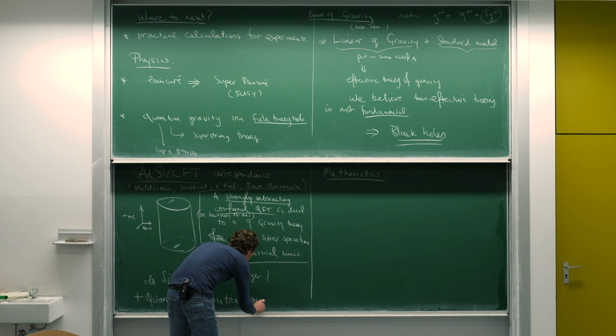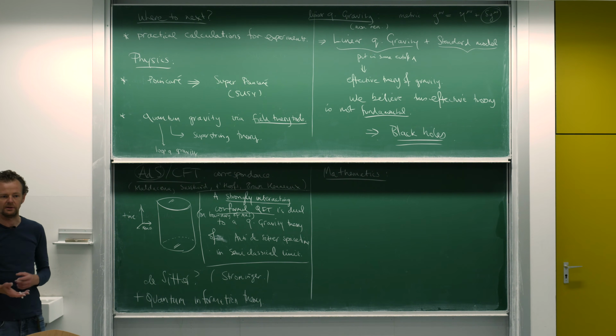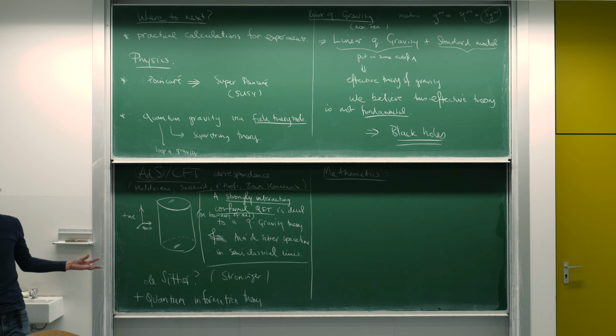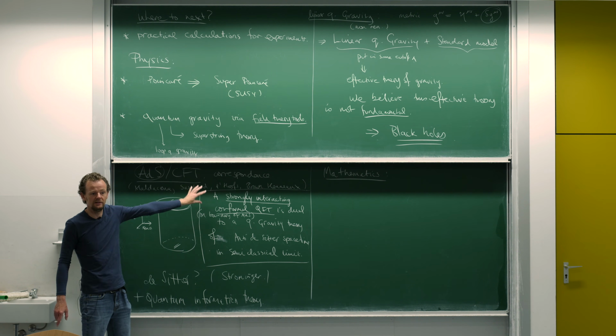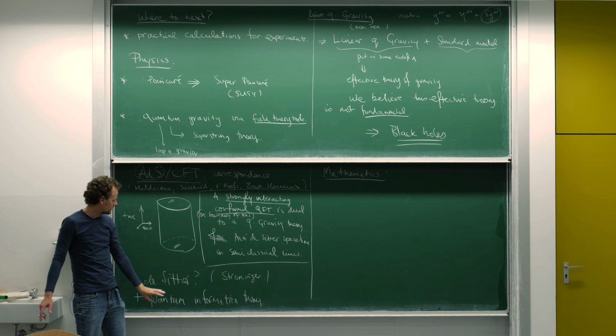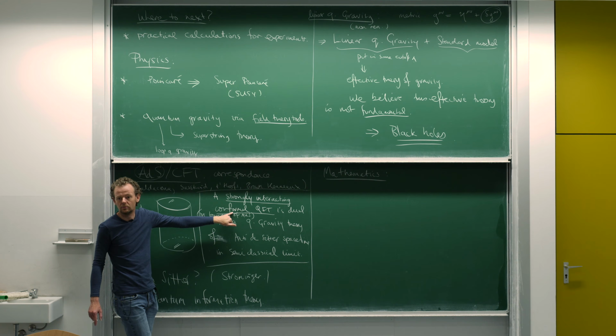Because in the past decade we've learned very much more about the kinematics of quantum mechanics, in particular quantum entanglement, how does quantum entanglement behave, what role does it play in understanding quantum mechanical systems, we've developed many new tools, and these tools have turned out to be very helpful in understanding many mysteries in this ADS-CFT correspondence. So quantum information theory is very helpful when you want to talk about strongly interacting conformal quantum field theory.